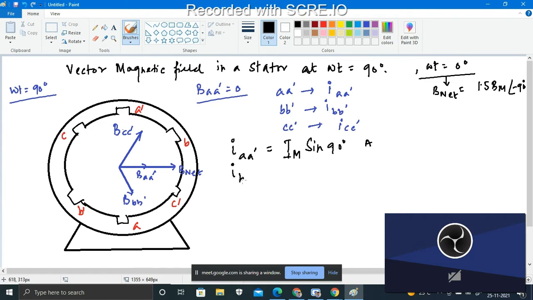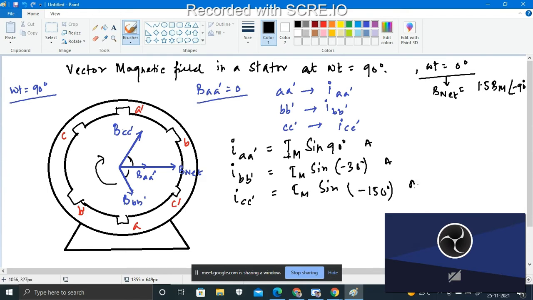So what will be the current that flows through coil B dash? That will be Im sine of minus 30 degrees, and I of C dash will be the total magnetizing current Im sine of, in this particular rotation, minus 150 degrees.